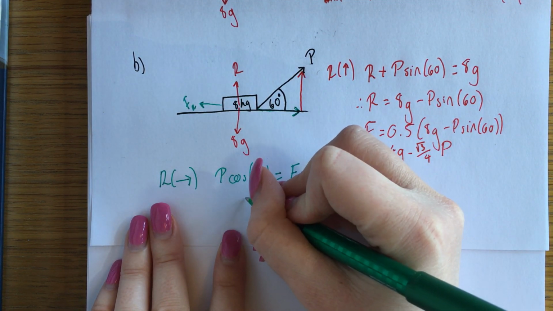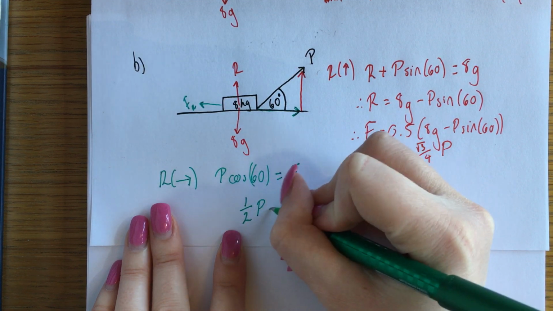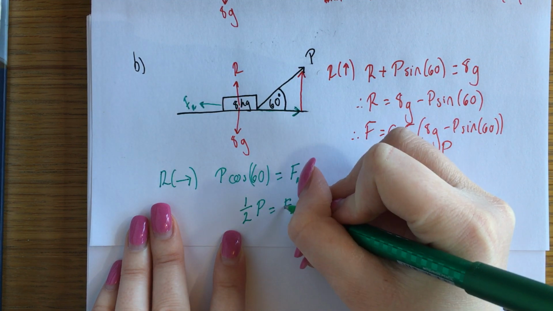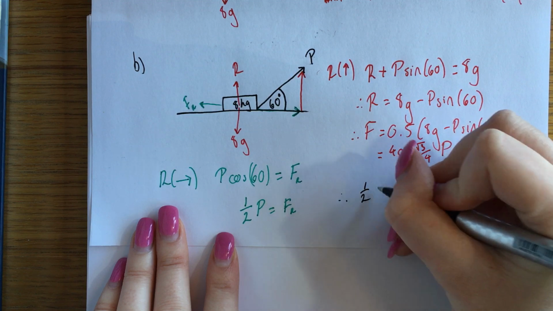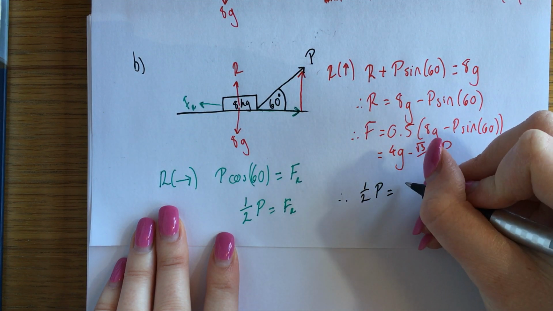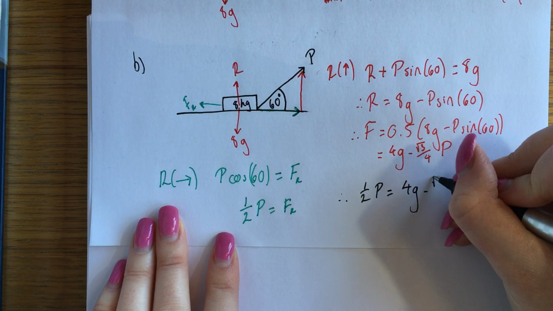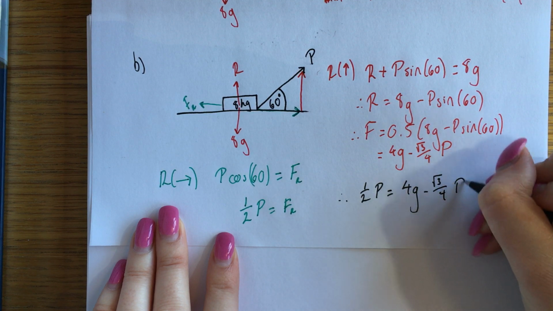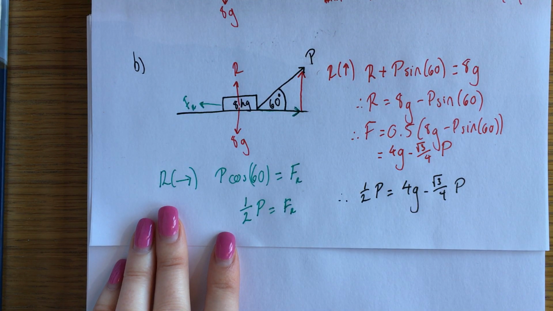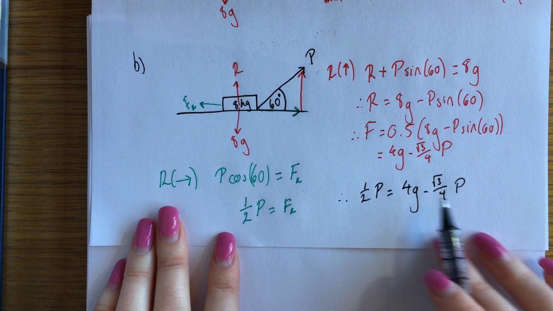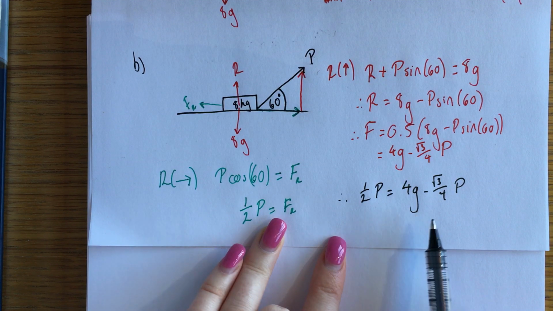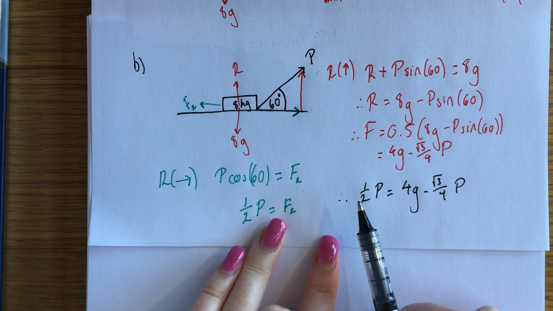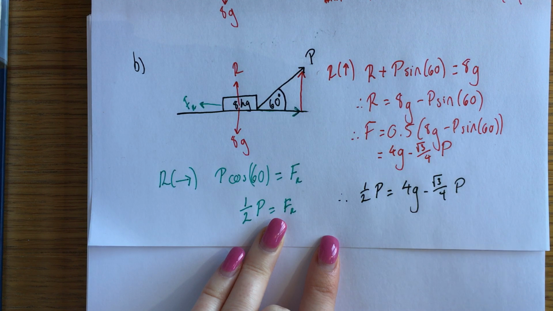I'm just going to quickly simplify that because I know that cos 60 is half, so half of P. So therefore, a half P is equal to 4g minus root 3 over 4 P. And we can rearrange this and solve for P. So you're going to add root 3 over 4 P to this side and then divide by that value.